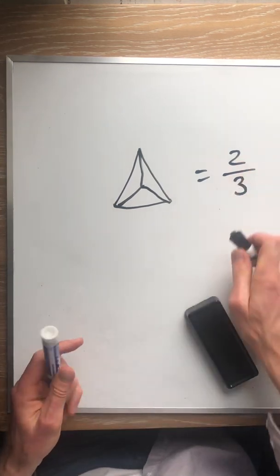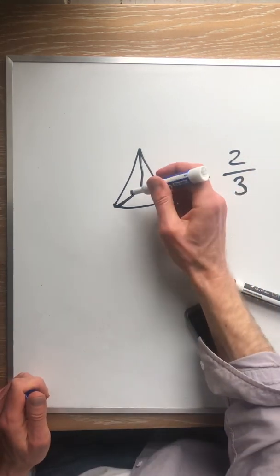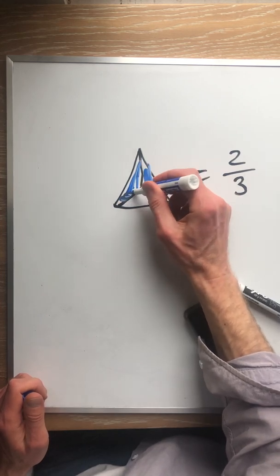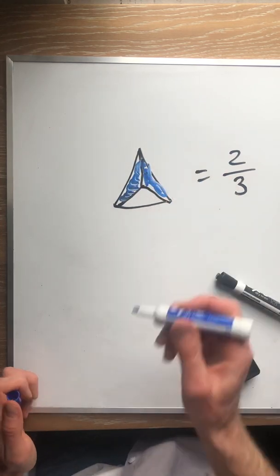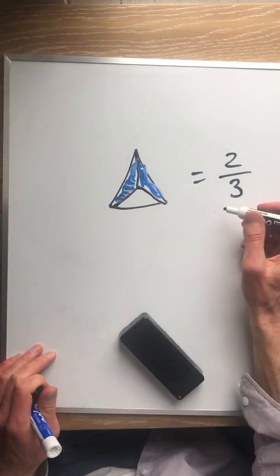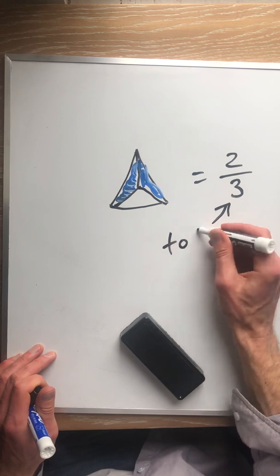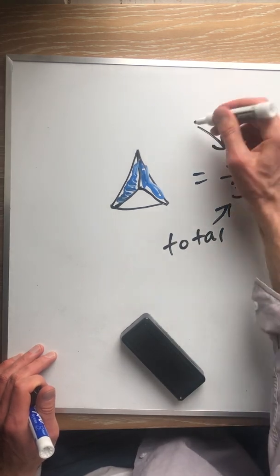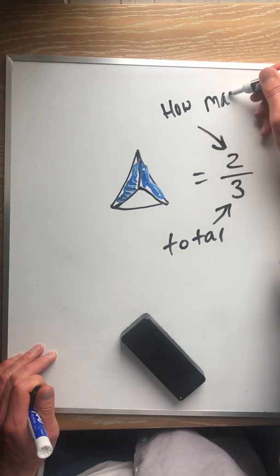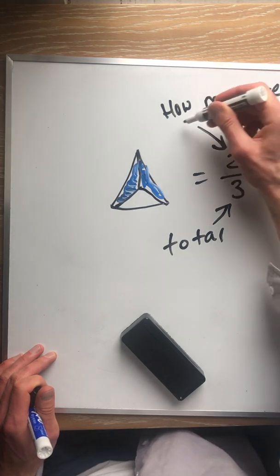And then they say, oh, we've got to color in 2 because we're talking about 2. Okay. So 1 there and then 1 there. So how many total? 3. How many are we talking about? 2 of them.